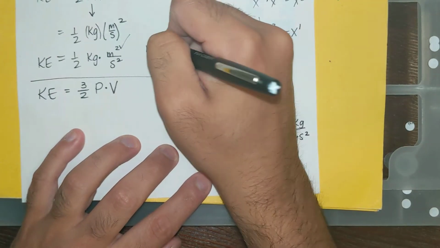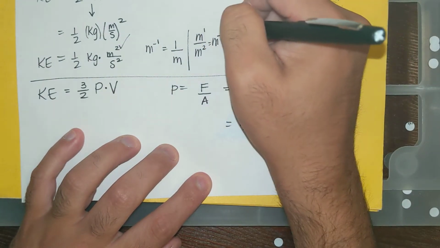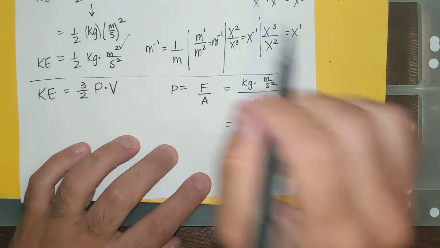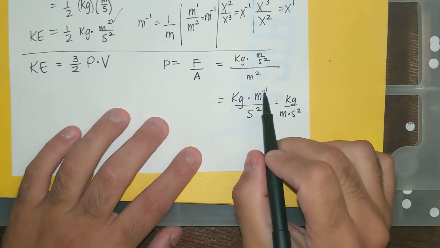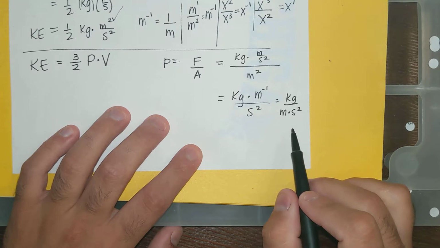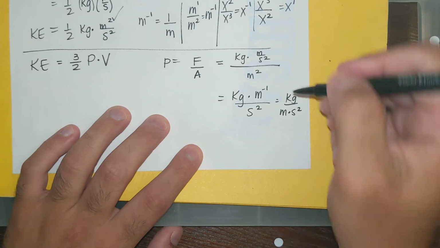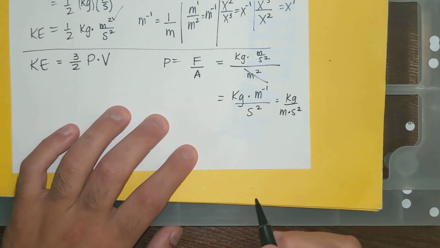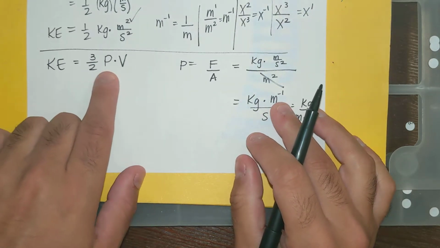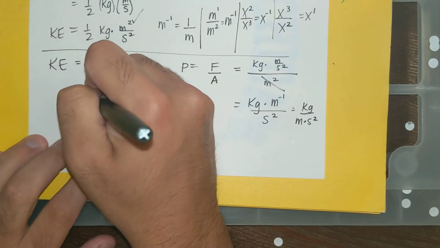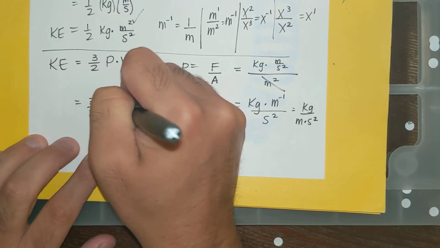Just as a side note, meters to the minus first is the same thing as 1 over meter. I'm trying to remind you how we do things with exponents and x's. If it's m to the minus first, I can throw it on the bottom, and s squared was already on the bottom, so I'll keep that there. Now I have kilograms over meters times seconds squared. That's my pressure variable. So 3/2 kilograms over meters times seconds squared.